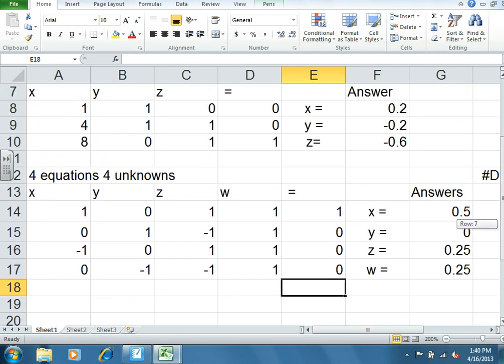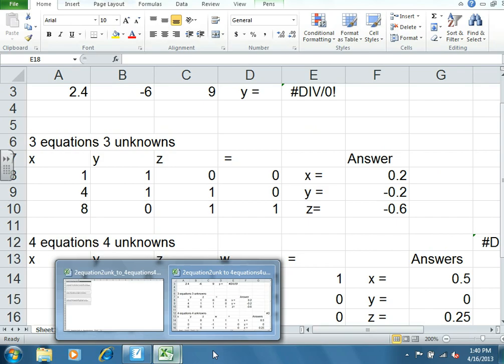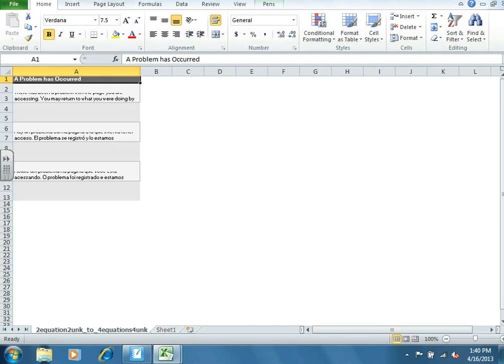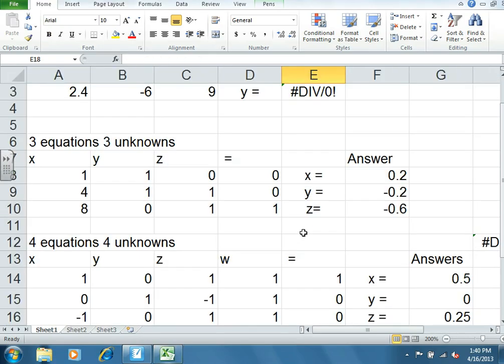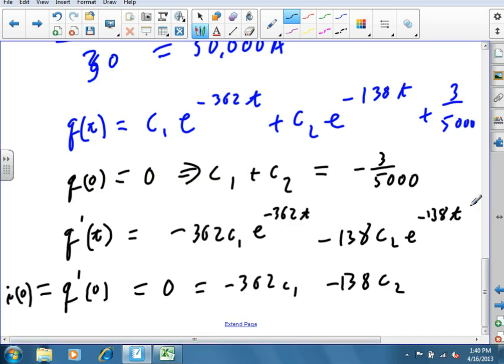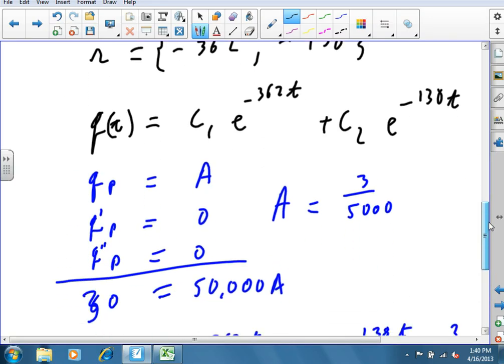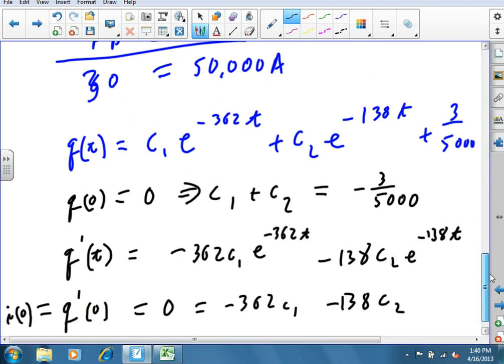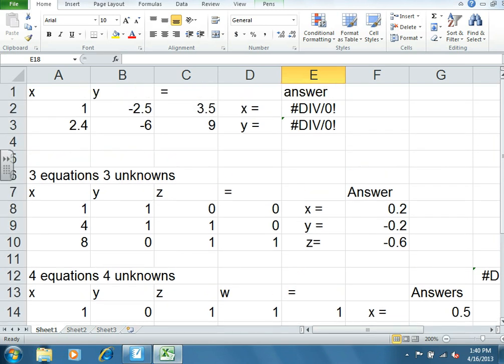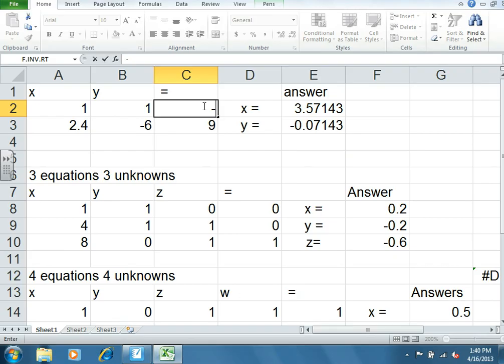Now, we don't have 4 equations, we have 3 equations. So I have 3 equations, 3 unknowns, and I don't need that guy, so I'll get rid of him. Back to our problem. The first equation is 1, 1, minus 3 divided by 5,000.